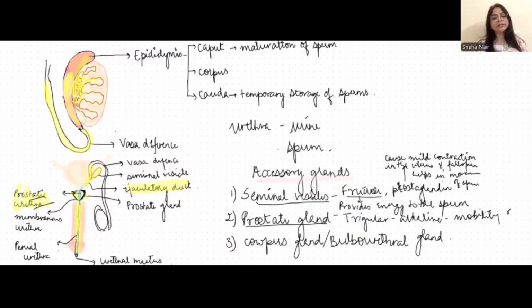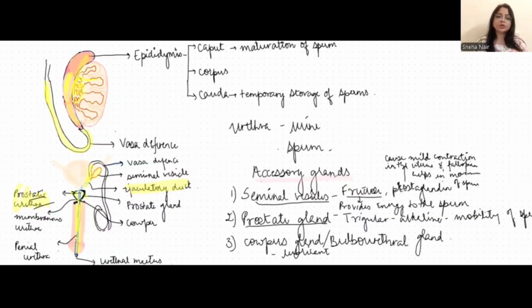And the last one is Cowper's gland or bulbourethral gland. So Cowper's gland or bulbourethral gland are present here. This is Cowper's gland. What is the role of Cowper's gland? See, the secretion acts as a lubricant. It lubricates the reproductive tract.